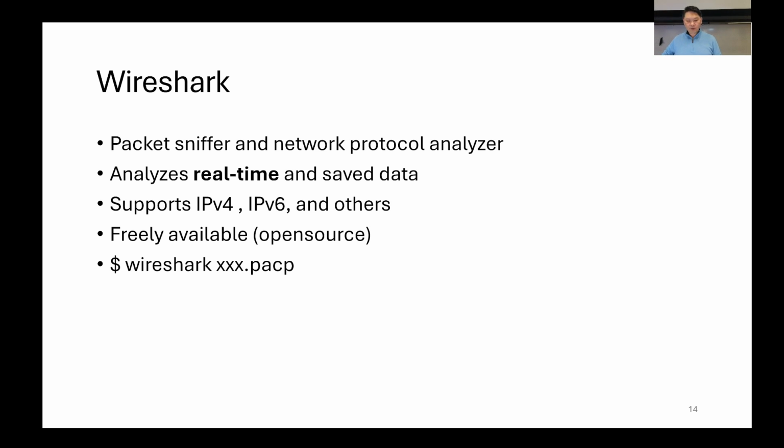It supports a lot of protocols. IPv4 and IPv6 are a very small part of the supported protocols, and it is open source. So you can learn Wireshark in this way. But Wireshark also needs to access the interface to capture, so you need admin privilege.